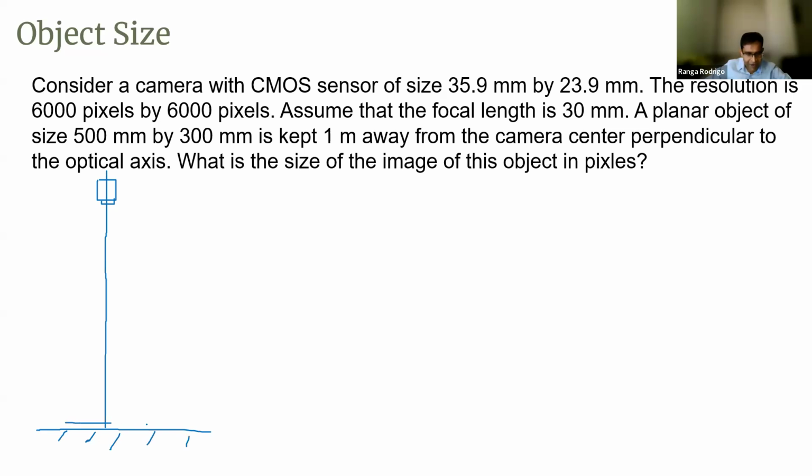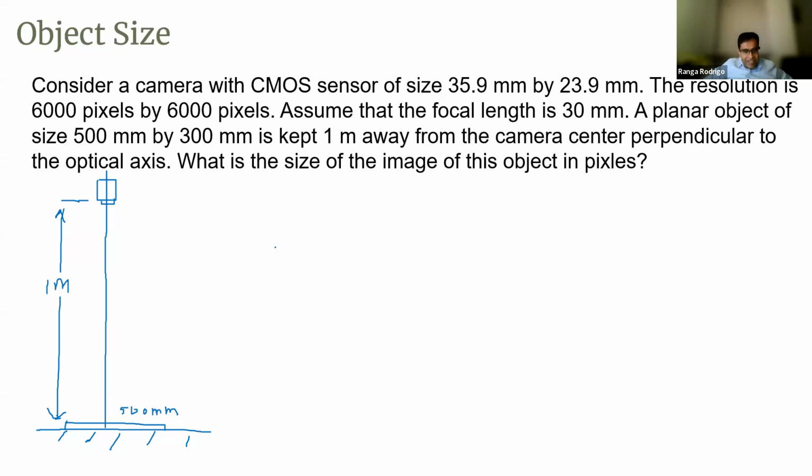On that table, this object is placed, and for the time being, we can consider that the object's size is, let's say, 500 millimeters. That length we consider. And this distance we have been given as 1 meter, right?